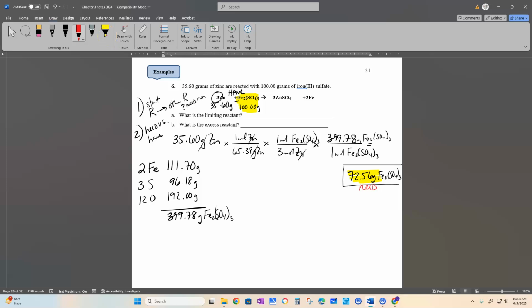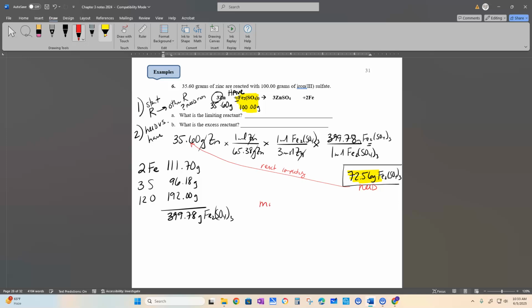I need 72 to react completely with 35.6. So to react completely. Because if it reacts completely, you have no limiting and you have no excess. But I was given 100, but I only need 72.